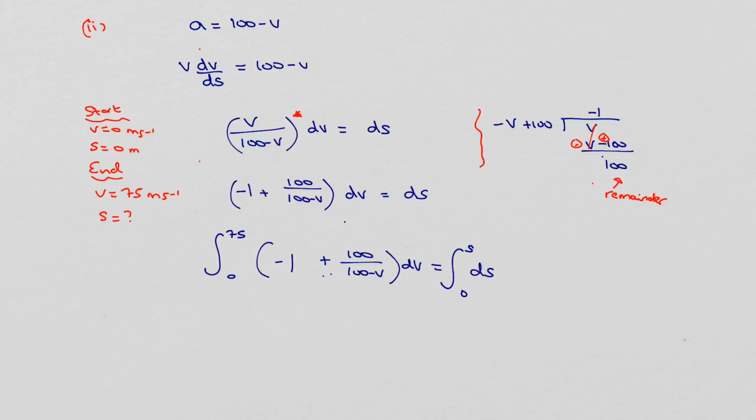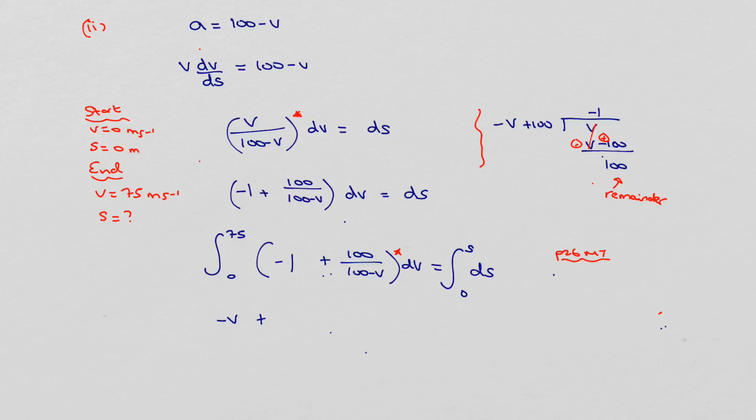Okay, and if we're ready to integrate, then if I integrate the left-hand side with respect to v, minus 1 integrated becomes minus v. And the second part of the function here is 100 over 100 minus v. So again, we have to spot that function there from page 26 of our maths tables.